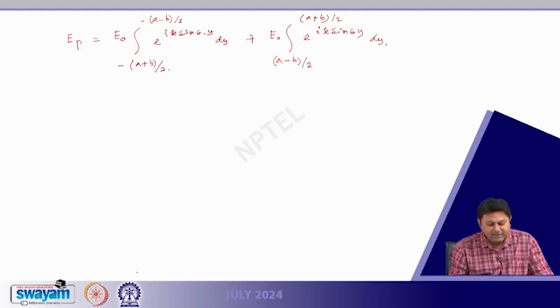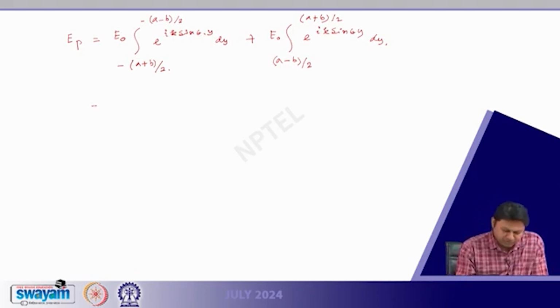So, the contributions of slit 1 and slit 2 are simply added by this integral, and whatever result I get should be the total field at this point according to the Huygens-Fresnel principle. So, let us do this integral, which seems not that difficult.